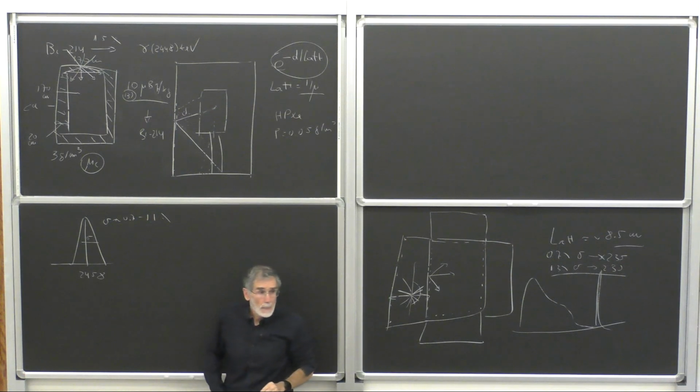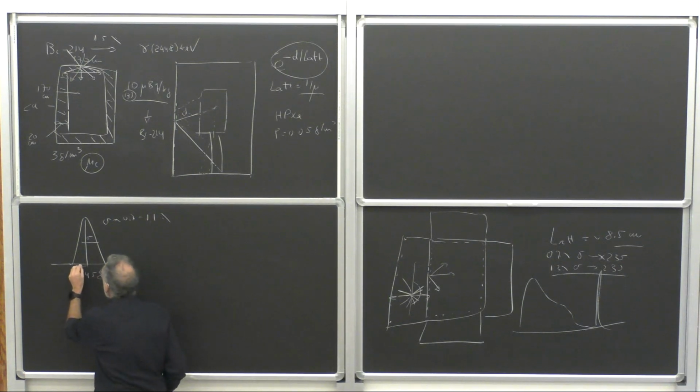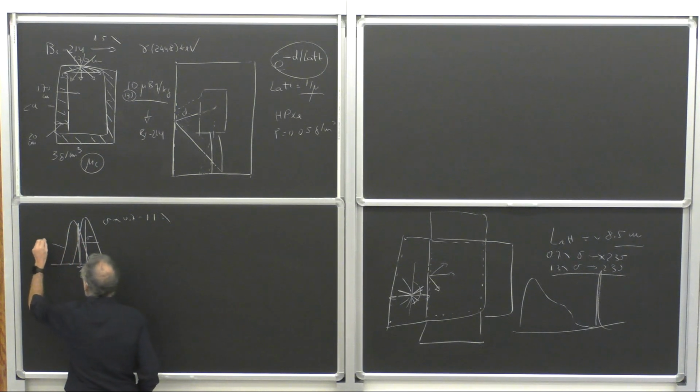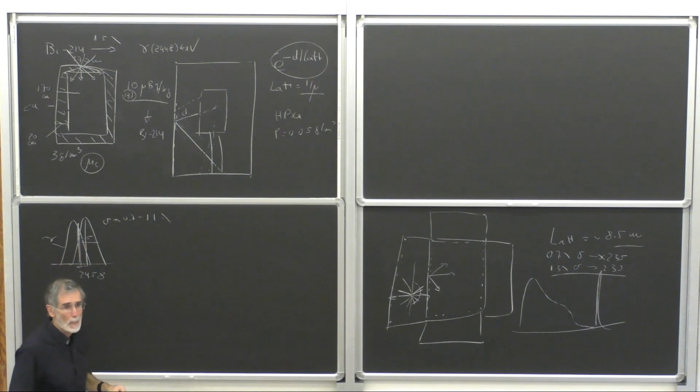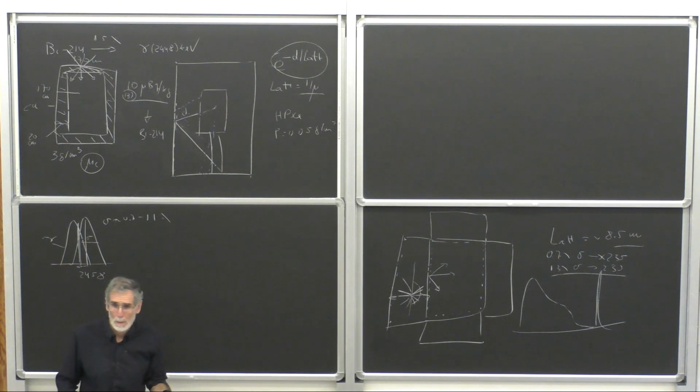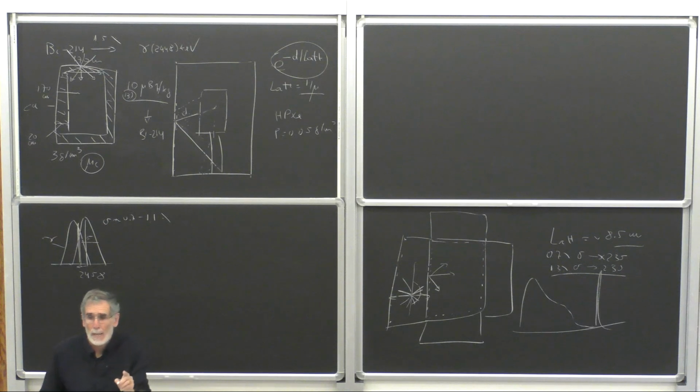And then 10 keV to the left, you have another Gaussian, which is the gamma, right? And they overlap. How much do they overlap? They are separated by 10 keV.